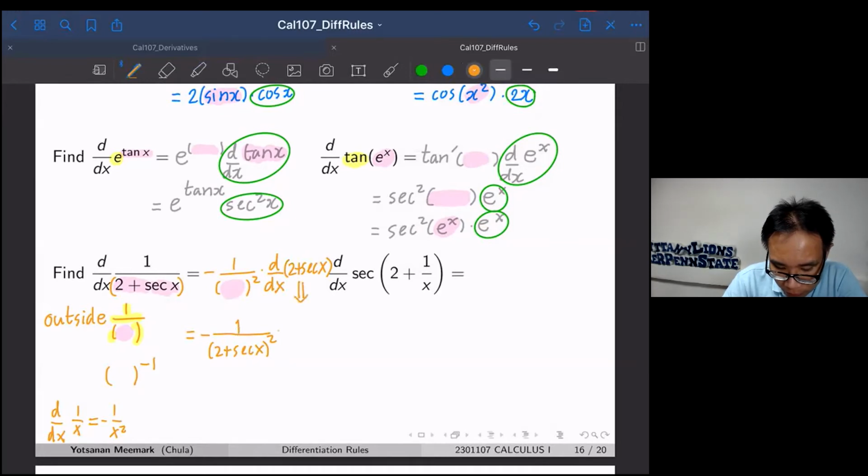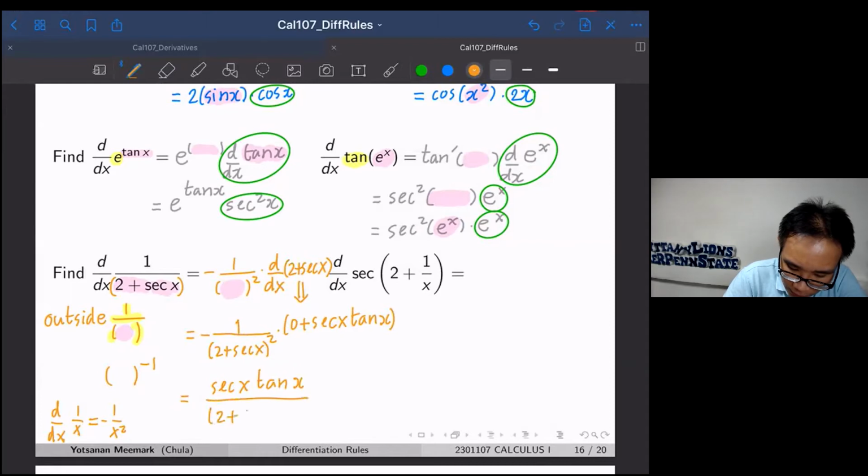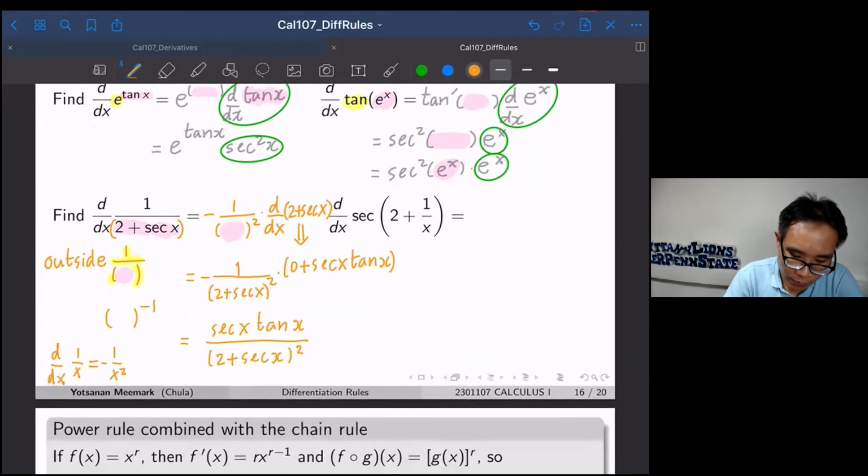The derivative of 2 is 0, and the derivative of sec x is sec x tan x. So this will be negative sec x tan x over 2 plus sec x squared, and this is your final answer. So this is how we differentiate like a quotient. However, it's not a quotient, it's just 1 over g(x). Okay, it's like 1 over g(x).